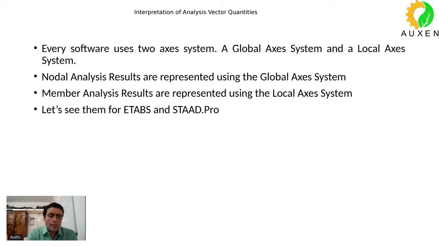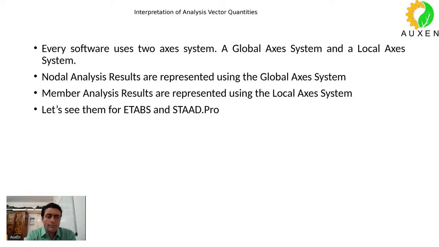Any software that you use, whether you are using ETABS or STAAD.Pro or SAFE or SAP2000, they generally use a dual axis system. There will be a global axis system and there will be a local axis system.